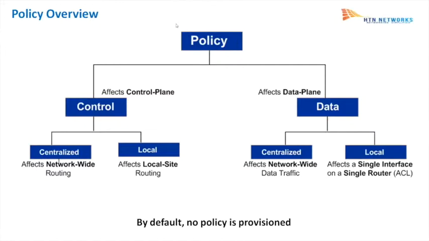There are two types of policies. One is called control policy. The other one is called data policy. The control policy affects, obviously, the control plane, and the data policy affects the data plane. Now, further, control policies are of two types. One is called the centralized policy. One is called local policy. The centralized policy you define on the centralized controller, and it affects the entire network.